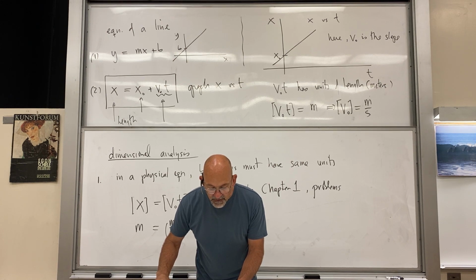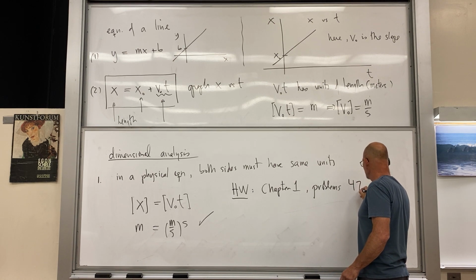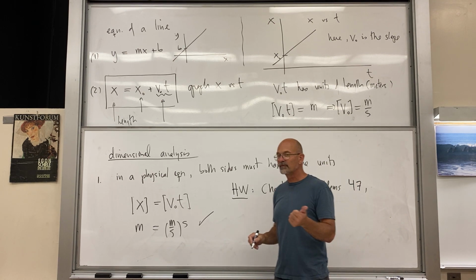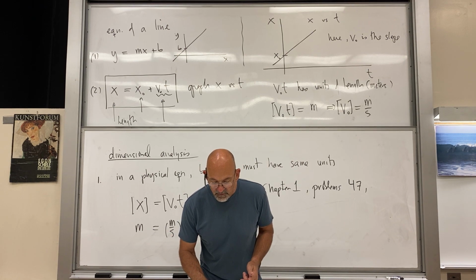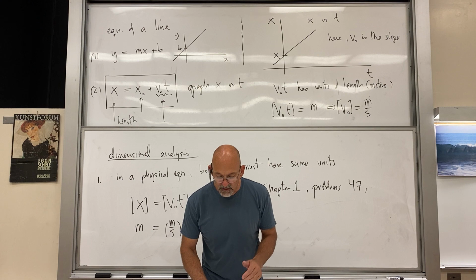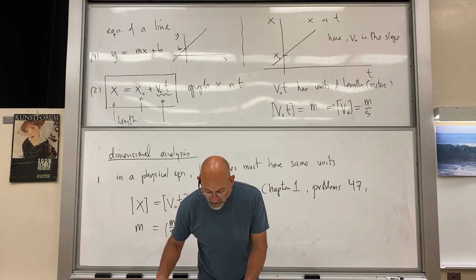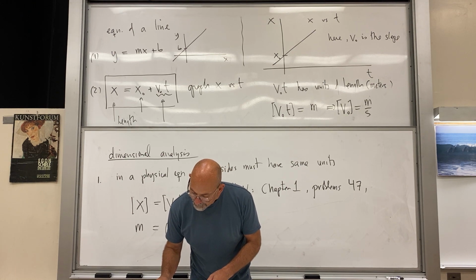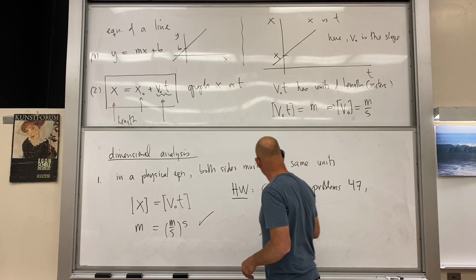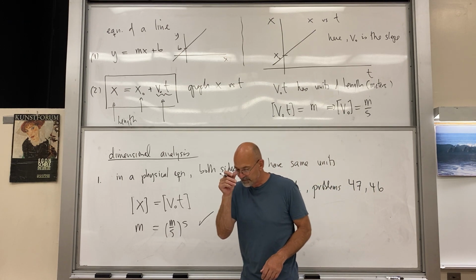But a nice one is problem 47. It uses circumference and angles. So it uses some trigonometry and a little bit of geometry. Very nice, simple problem. And 46, obviously not in order here, is also a basic trig problem.